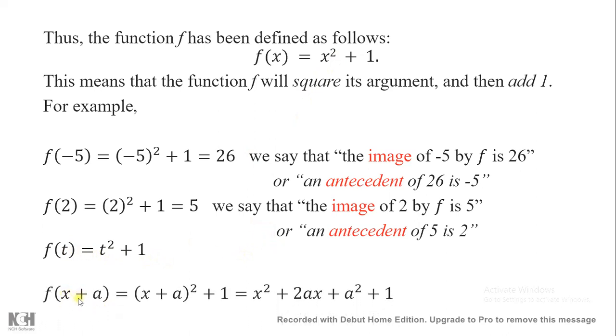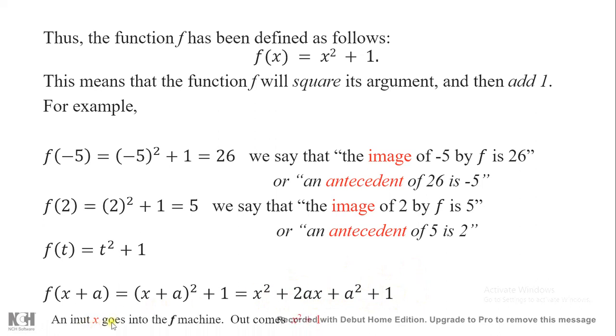And also if the input is x plus a, then according to this function, f works on this input: it will square this input and then add 1 to it. As you see, f of x plus a equals (x plus a) squared plus 1. That is x squared plus 2ax plus a squared plus 1. This is the output, the whole output.